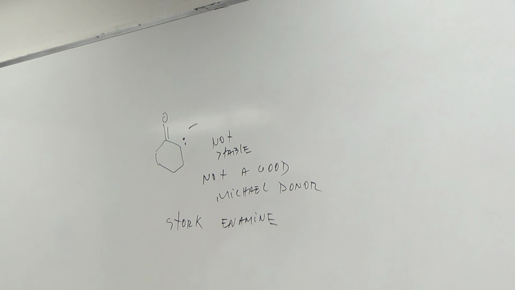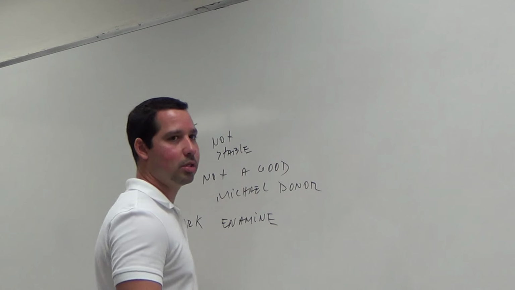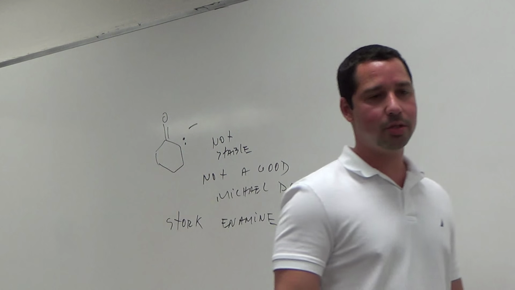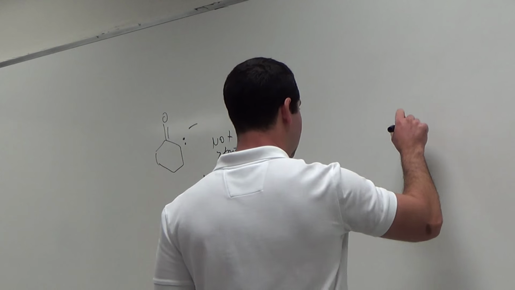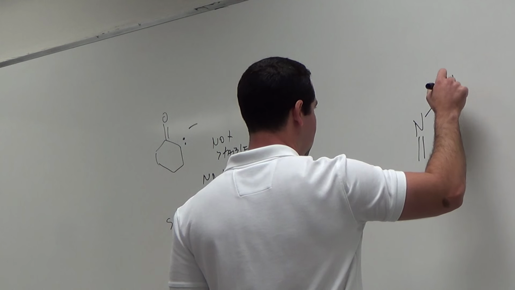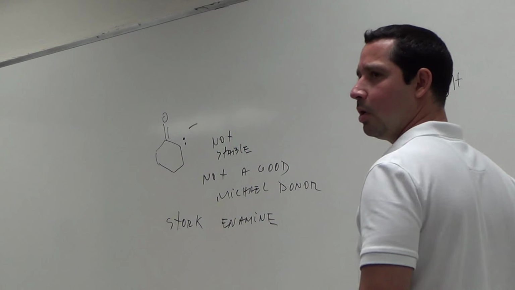And enamine, what's an enamine? It is a double bond. You guys forgot already what an enamine is? No, just tell me what an enamine looks like. It's like this, yes? No, that's an oxime. That's a hydrazone with the NH2.